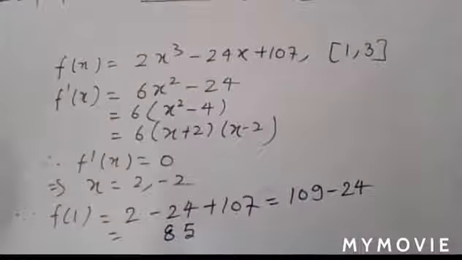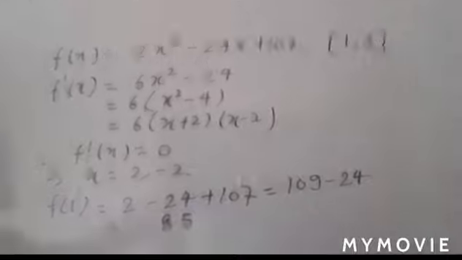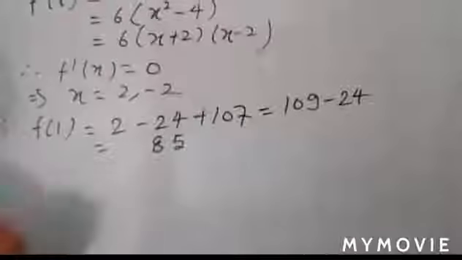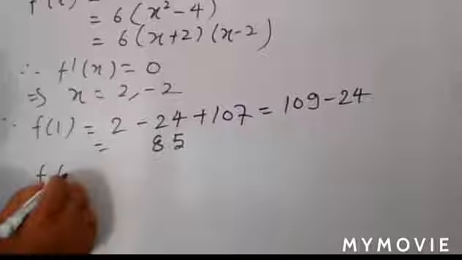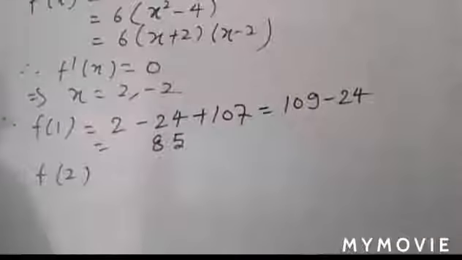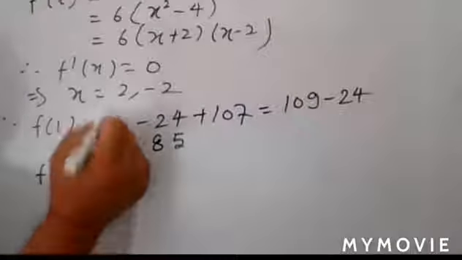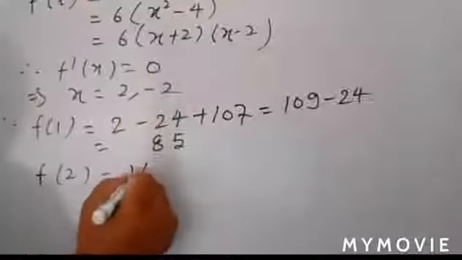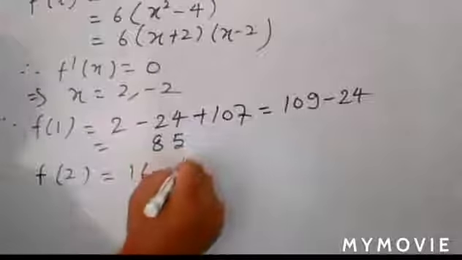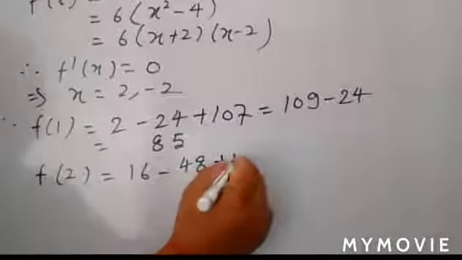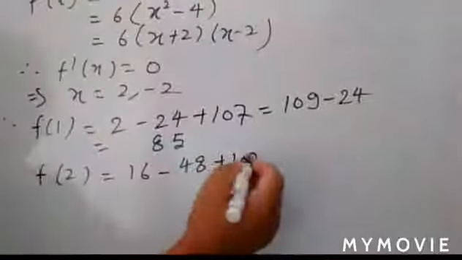So its value is 85. Now you find the value of the function at x = 2, the point which lies within the interval: 2 times 8 is 16, minus 48, plus 107. Just solve it.